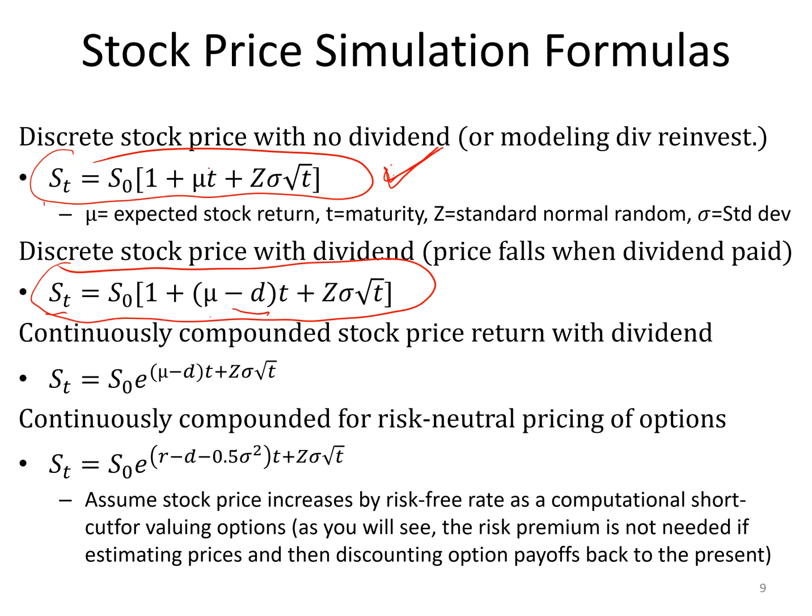So when I didn't subtract out the dividend yield, I was implicitly assuming that I'm reinvesting the dividends in buying more stock. I would use this formula if you're trying to simulate, say, a total portfolio return, like I did for that financial planning model. However, if I'm simulating the simple stock price to value the option, I'm going to subtract off the dividend.